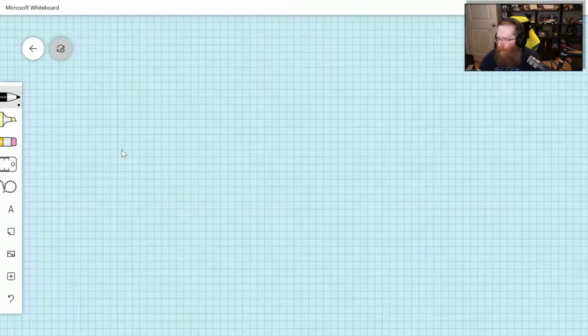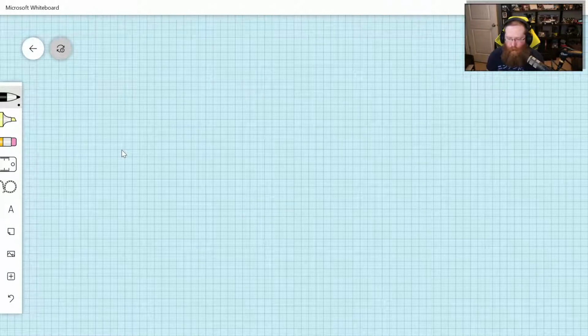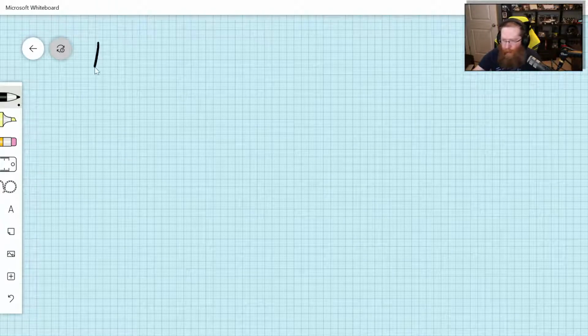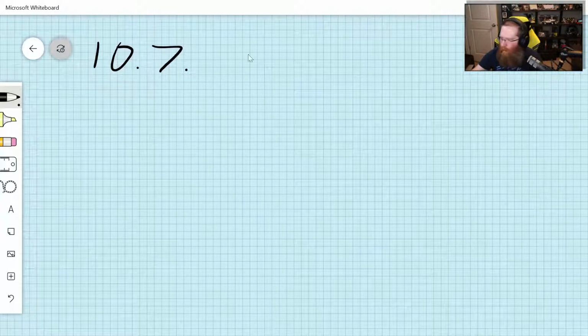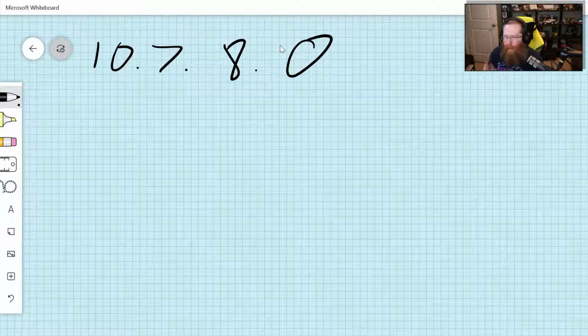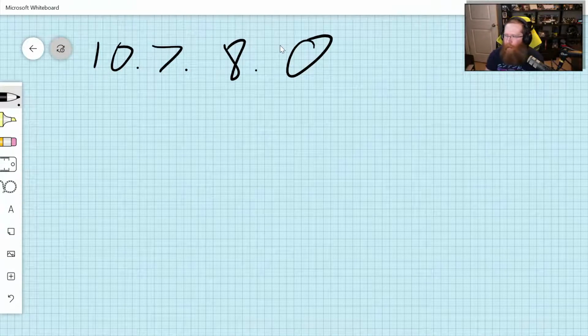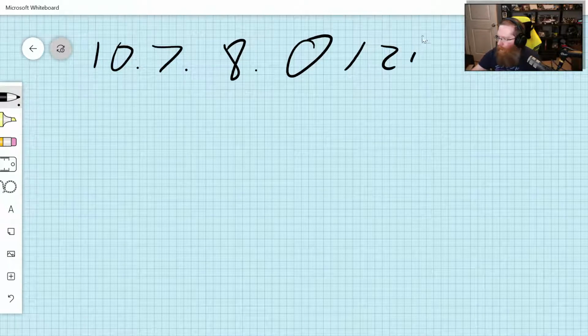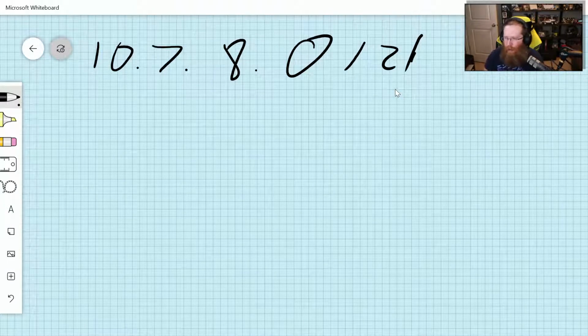Okay. So let's first start off with saying I want to split my network in half. And I'm actually going to give us a more complicated network this time. So I'm going to give us 10.7.8.0. And I'm going to say I want you to split this network in half. Okay. So we know a /24 again has 256 total IPs. And if we remember backward, the /25 had 128 possible IPs.